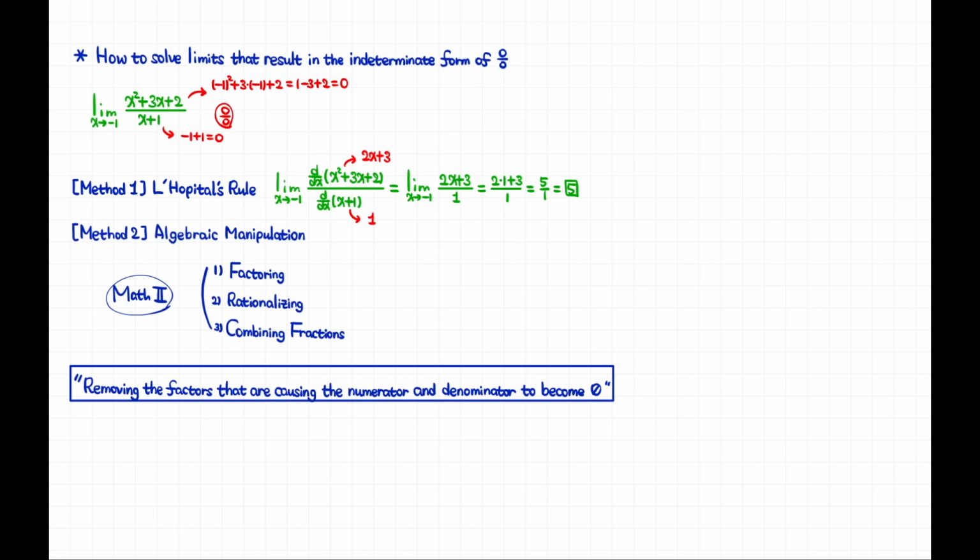So in other words, we want to cancel out the zero causing factors or terms in both the numerator and the denominator. And in mathematical terms, that means we are basically simplifying or reducing the expression by canceling.